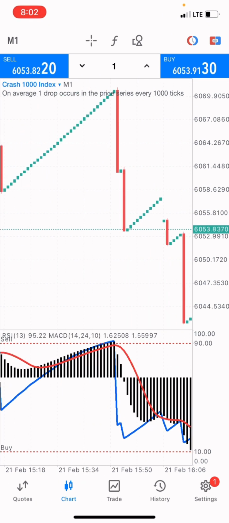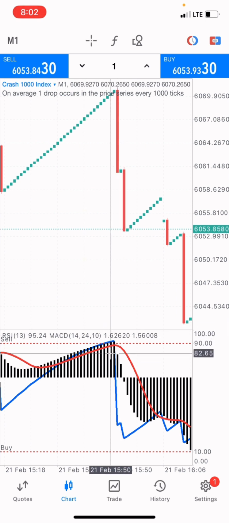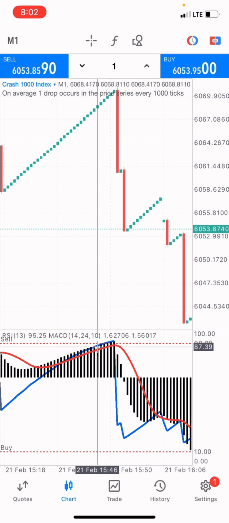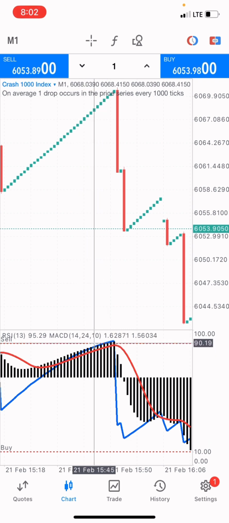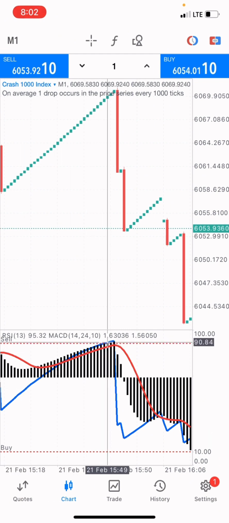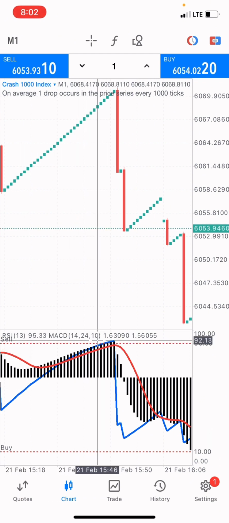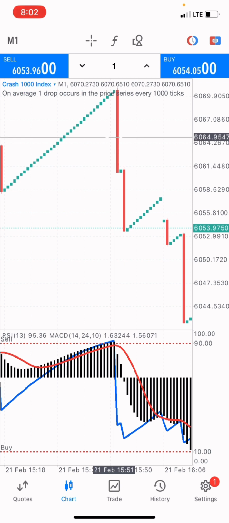Now if you zoom in real quick, I can show you what I'm talking about. You can see that this blue line is the RSI. When it crosses above the MACD at the overbought level and touches the level of 90, it took about 4 candlesticks before the spike came in.